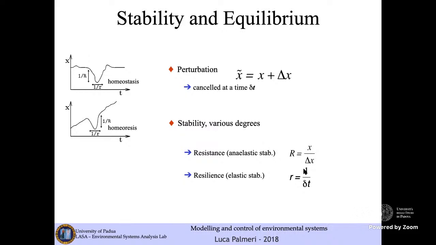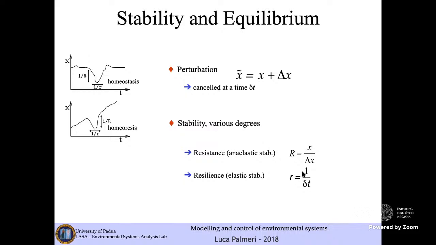The resilience is defined by the inverse of the time needed for the system to absorb the perturbation. So a system that is highly resilient is a system that takes a very short time to go back to its original functioning after perturbation.